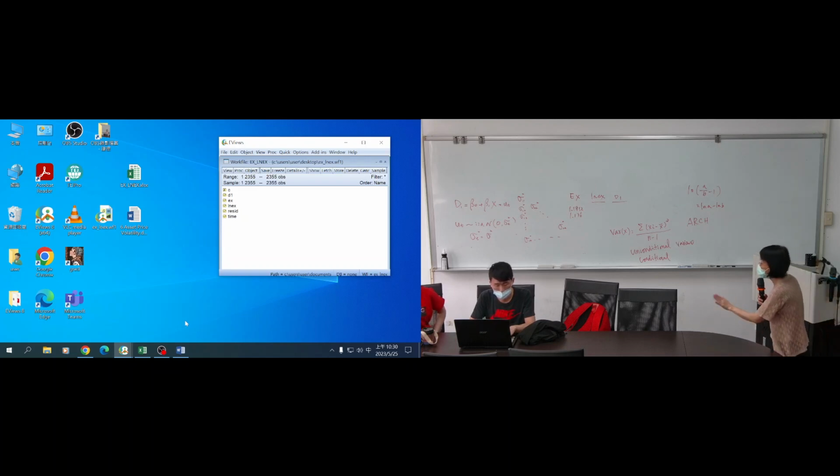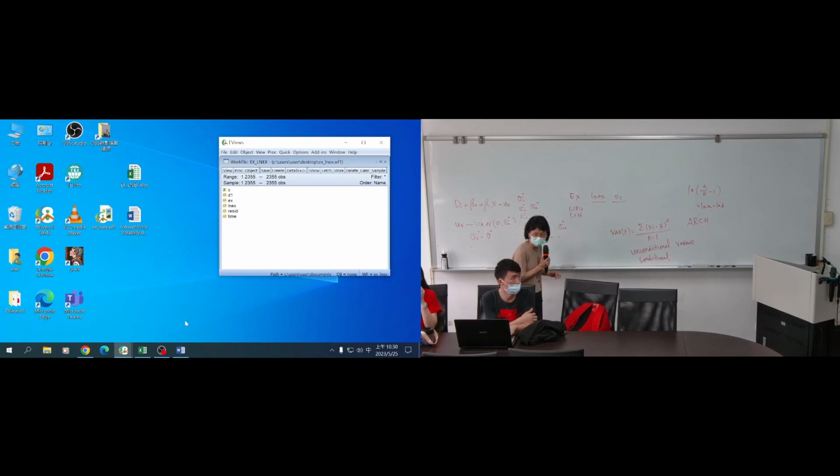Please create D1 first, which is the difference. How do you do that in eViews? Just use D, then put parentheses around LNEX. Would you please do that too in your Python? The difference of LNEX.